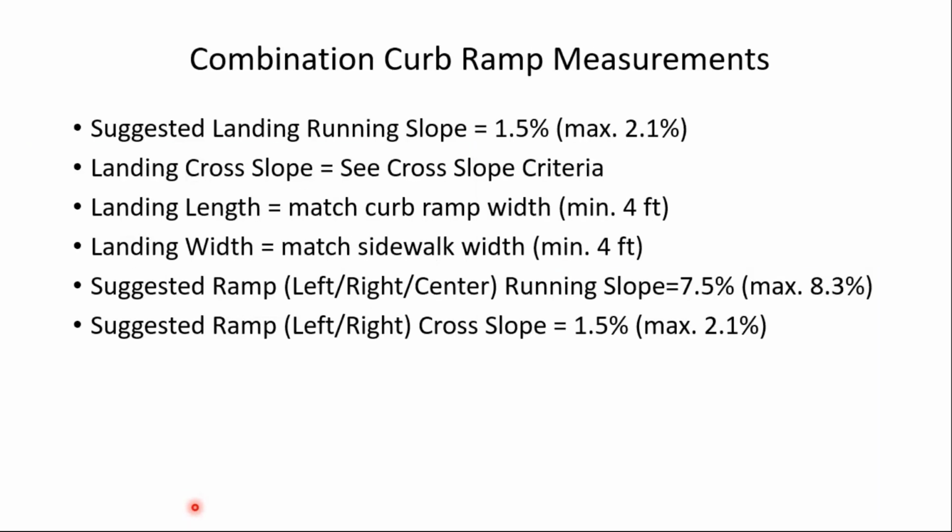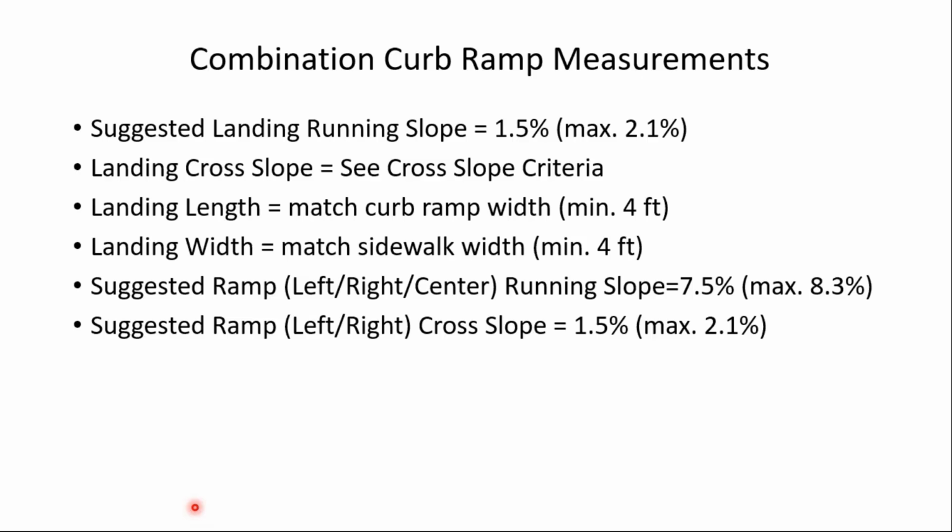Curb ramp measurements are similar to what we talked about before, just that there's more of them. Of course, in my opinion, design the running slope of the landing and the cross slope of the landing for 1.5%, so that when it's built, that cross slope won't exceed 2.1%.